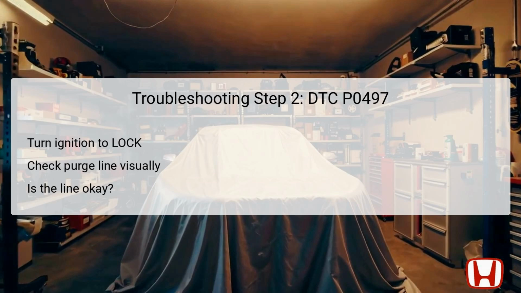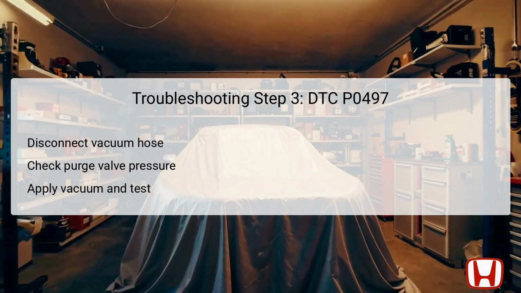A blocked or damaged line can hinder the proper flow of fuel vapors, leading to low purge flow. If the inspection shows the line to be okay, you can confidently progress to the following step in the troubleshooting process. However, if any damage or blockage is detected, it is necessary to make the appropriate repairs to the line before continuing with additional diagnostics.